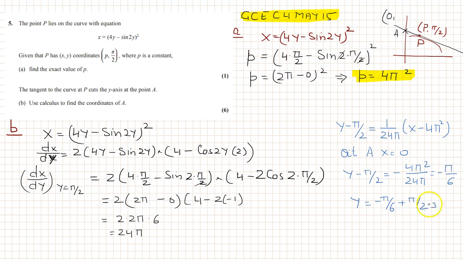So multiplied by 3, that is equal to 6. This is minus pi plus 3 pi, so that is 2 pi over 6. So y is equal to pi over 3. So this is 0 and pi over 3. So these are the coordinates of A.